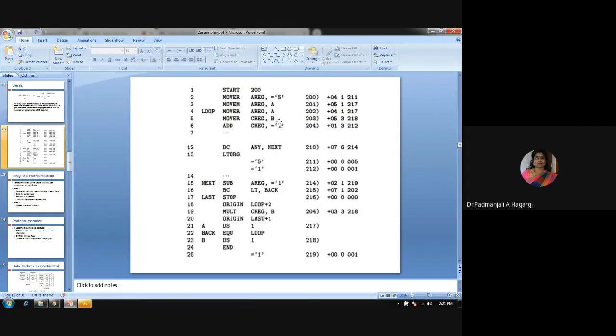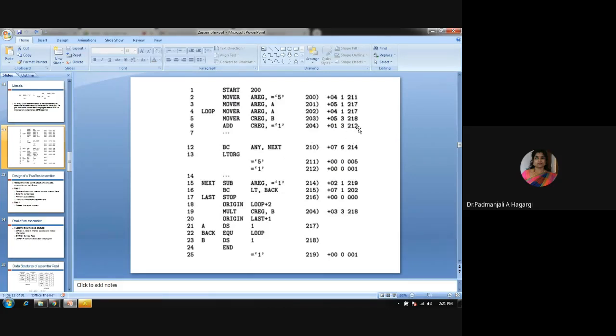So here B is found at 280. And if you see here, this is the first literal value 211, and this is the second literal value 212.